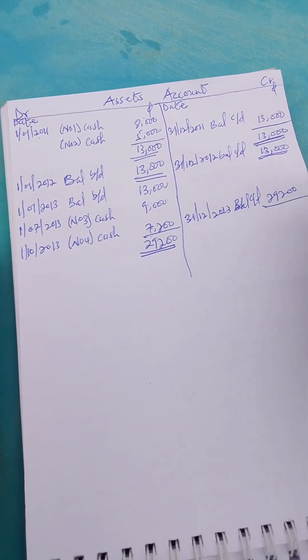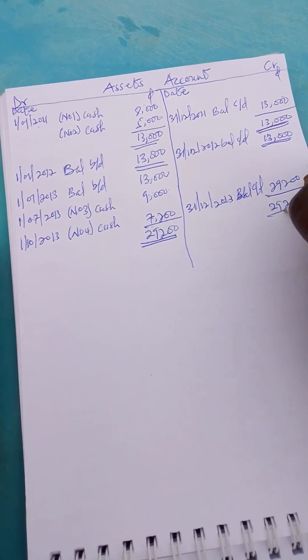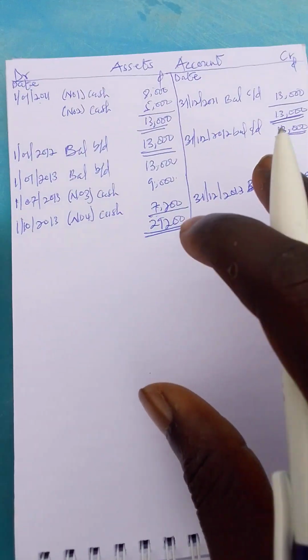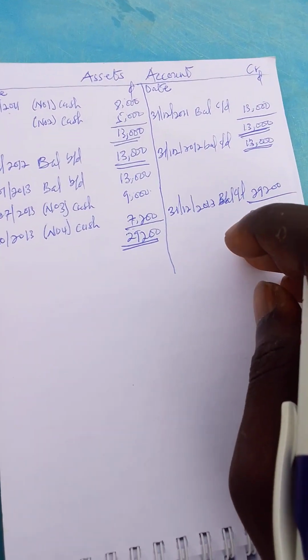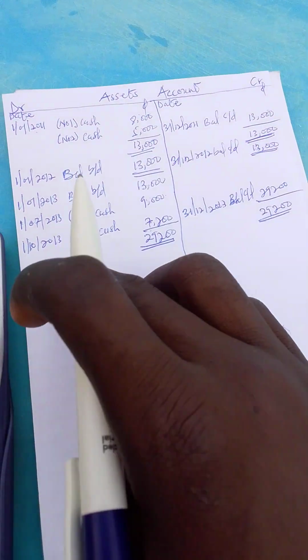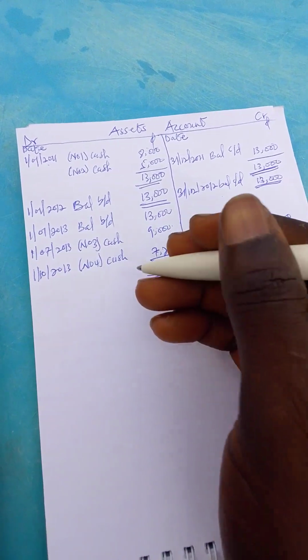That's it. Then we underline it, balance it off. So now we are done with 2013. We are carrying the carry down to the next year, which is going to be brought down in 2014.